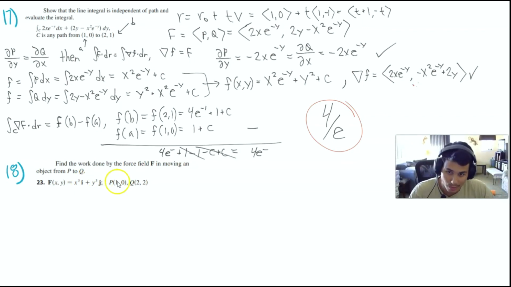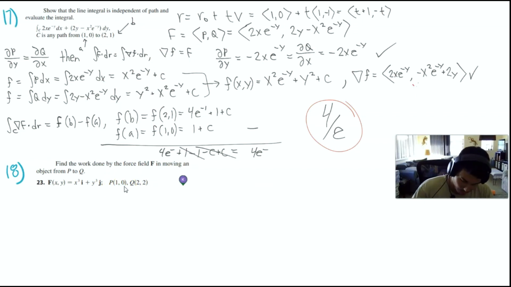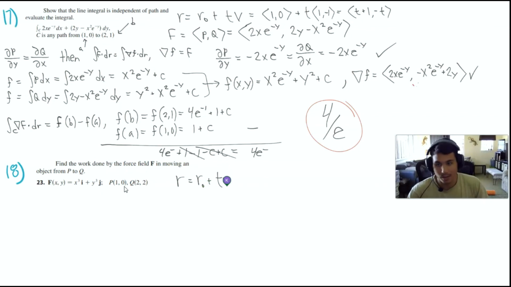Maybe what we should do is find the position vector that describes this change: r equals r0 plus tv. Now, we're actually going to use this here. Well, this is (1, 0) to (2, 2).